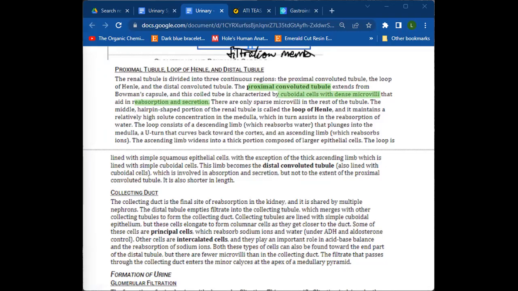And then secretion is taking things out of the blood and putting them into the nephron. The microvilli are pretty unique only to the proximal convoluted tubule, so you're not going to really see microvilli in a lot of the other parts of the nephron.